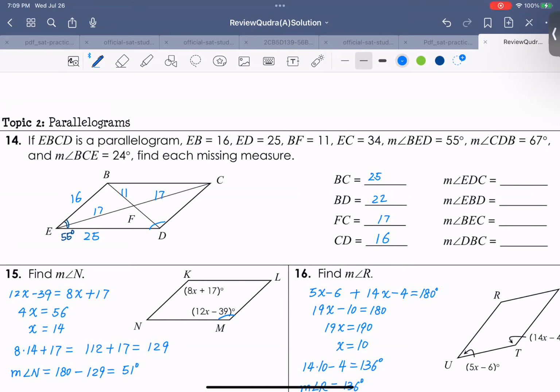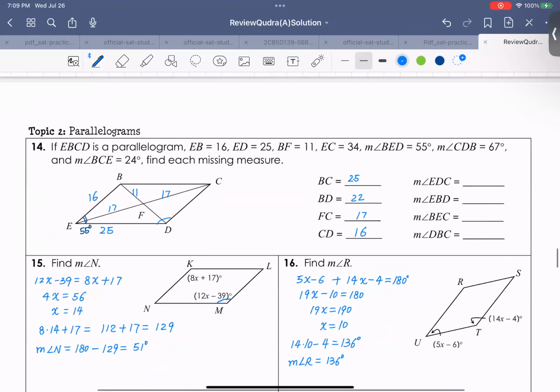EDC would be 22.5. Since these two lines are parallel, these two will be supplementary, right? Oh, yes. So this becomes 125, right? Okay.